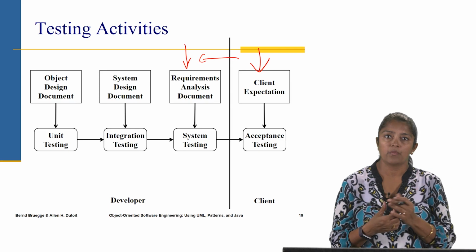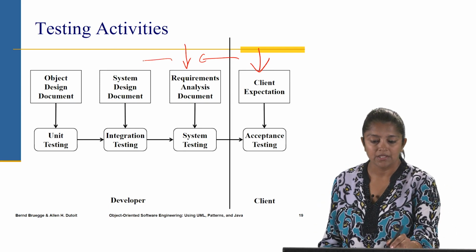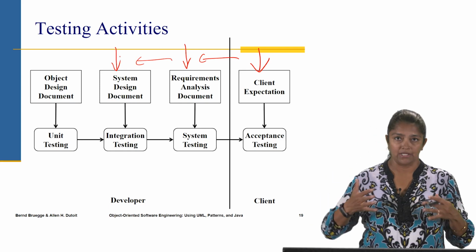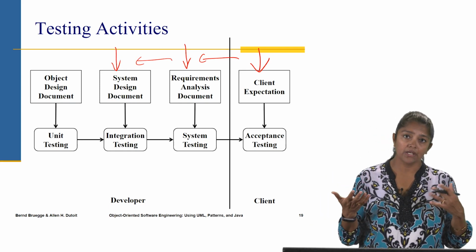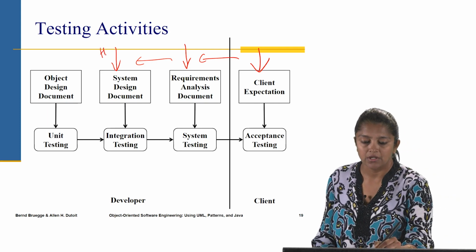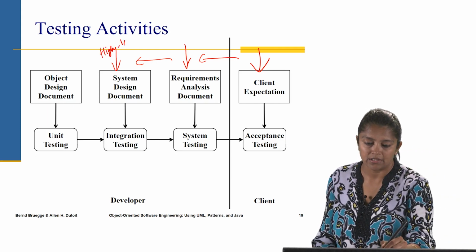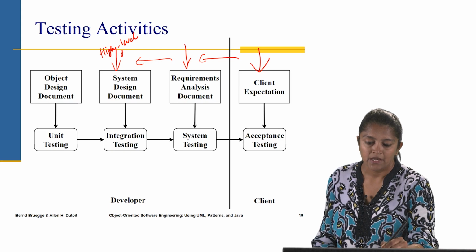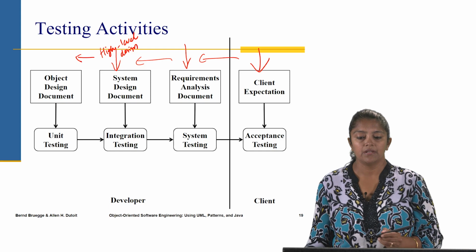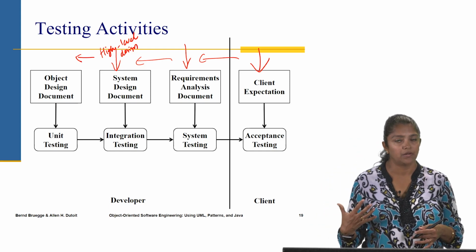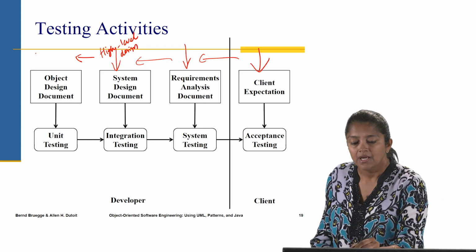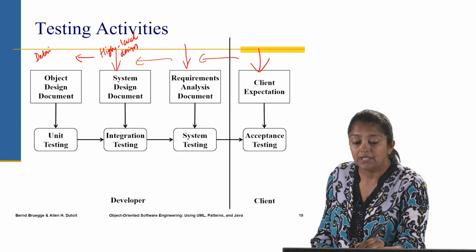Once we have that requirements analysis document, that's when the team starts designing the system, and they come up with a system design document. Here we're talking about a high level design of the system. Once that is done, we get into object design of the system. What is produced is called an object design document, and this is basically a detailed design.